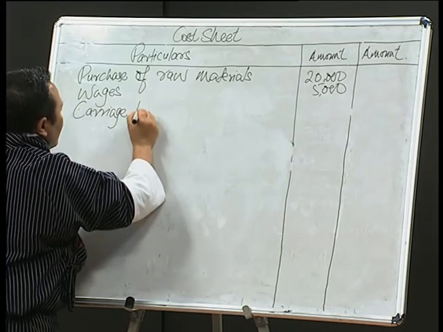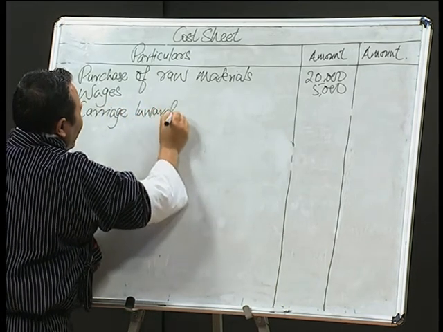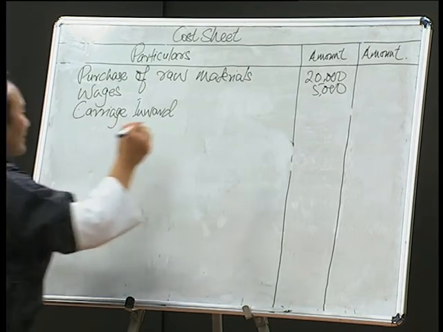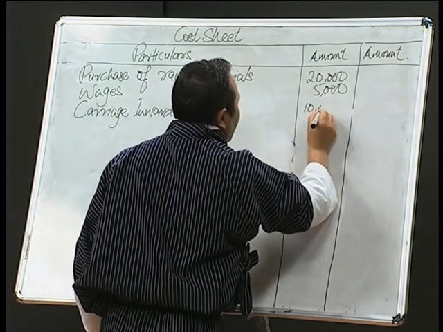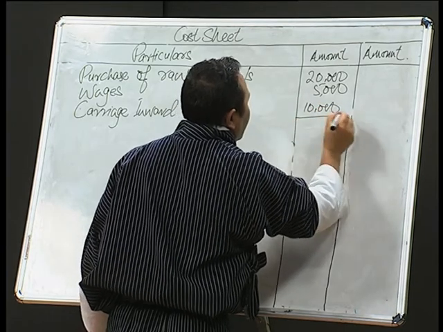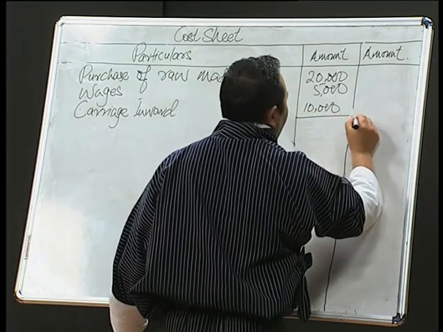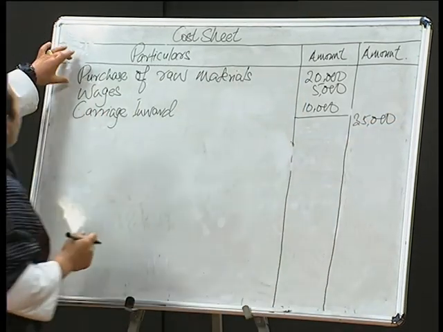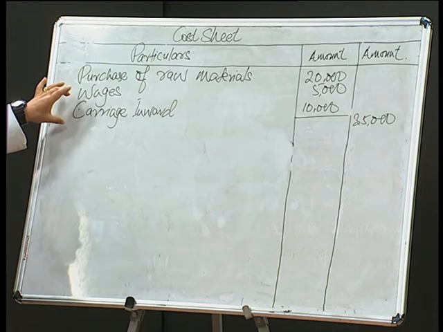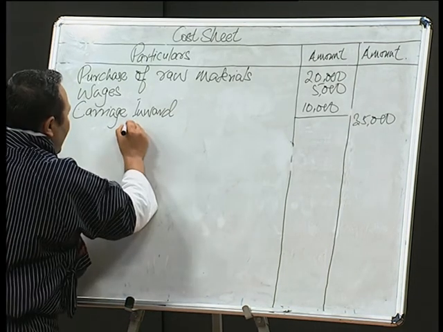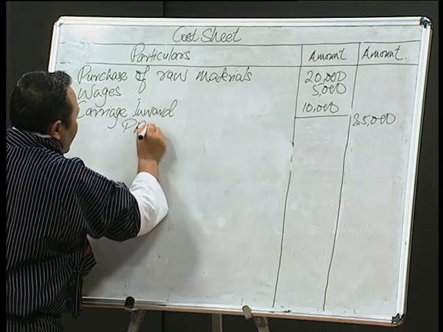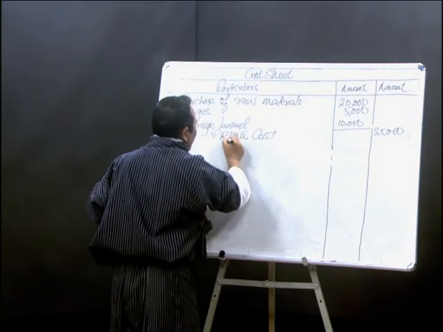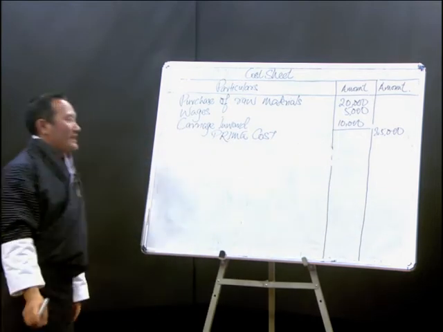Carriage inward is 10,000. Let us get the total of this: altogether it is 35,000. The sum total of direct material, direct labor and direct expenses is considered the prime cost.